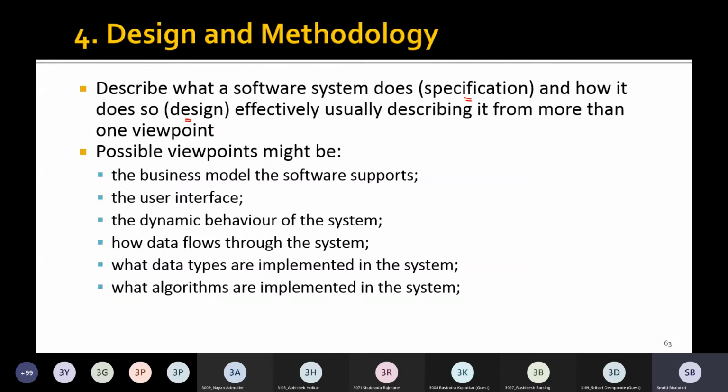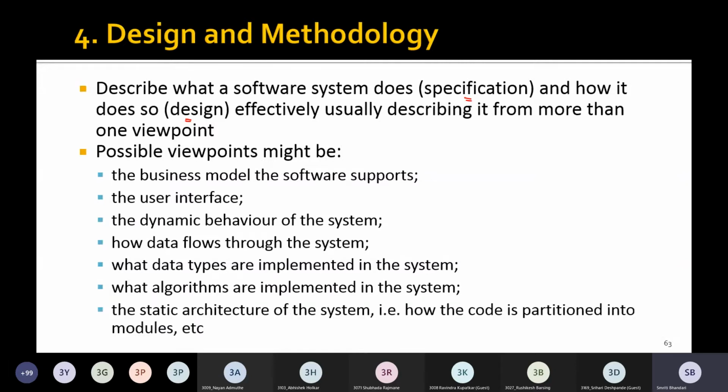So you should focus upon that. What algorithms are implemented in the system? The static architecture of the system, that is how the code or the script is partitioned into various modules. So everything needs to be precisely mentioned in our project report.